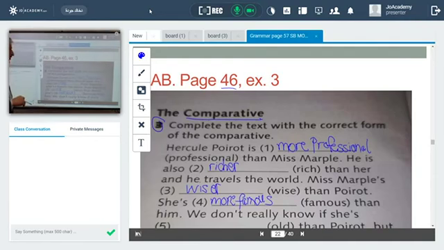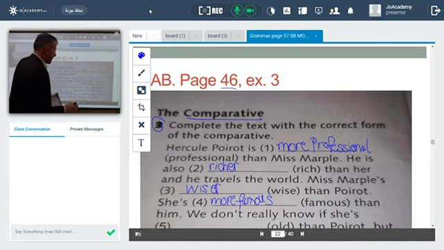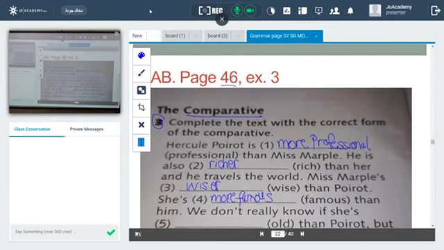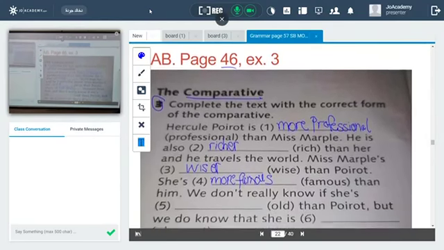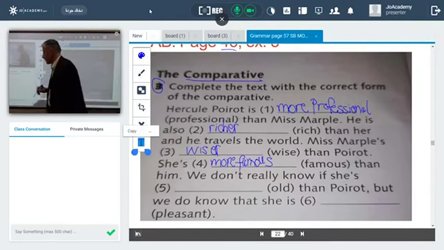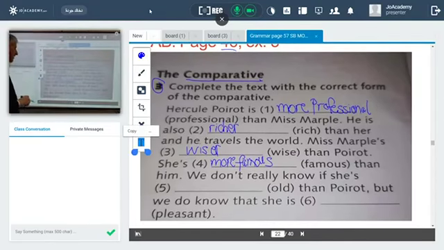We don't really know if she is blank than Poirot, but she is. We have two blanks here. Okay, we have two blanks. Blank number 5.